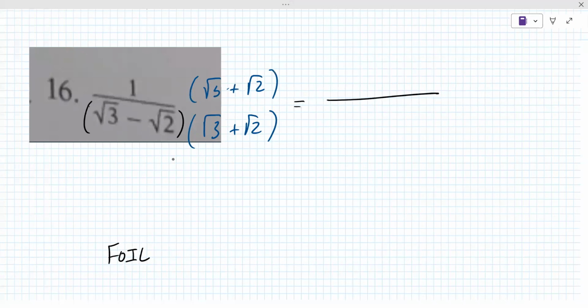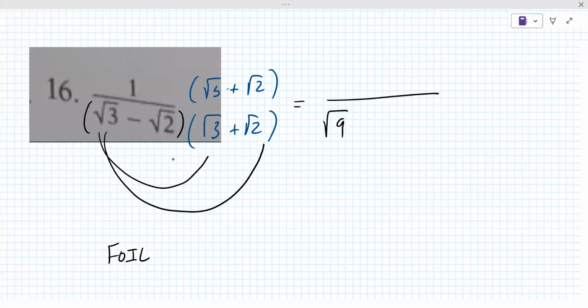First would be square root of 3 and square root of 3, which would be square root of 9. And then the outer.